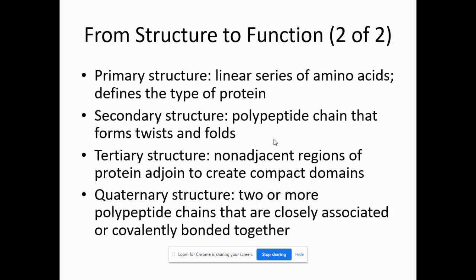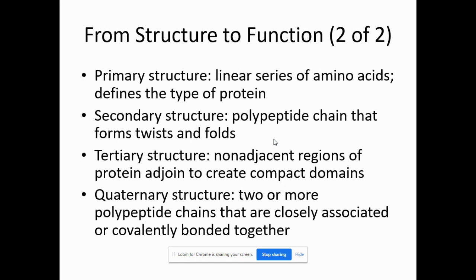Like I said, there are different levels of structure. You have the primary structure, which is basically the linear series of amino acids, and it defines the type of protein. So primary structure is just what amino acids are in that polypeptide. Then the secondary structure is where that polypeptide chain can form twists and folds.